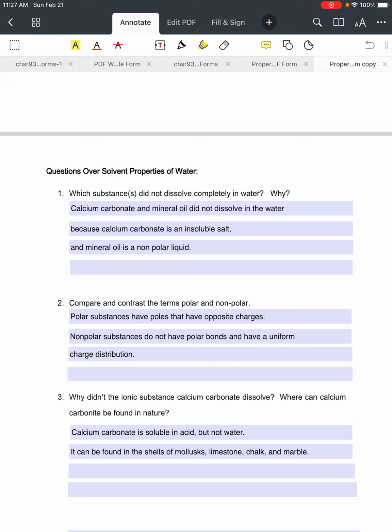This is clams and oysters, seashells and snails, and a group of small organisms, the foraminifera, which are microscopic, but they have shells of calcium carbonate.